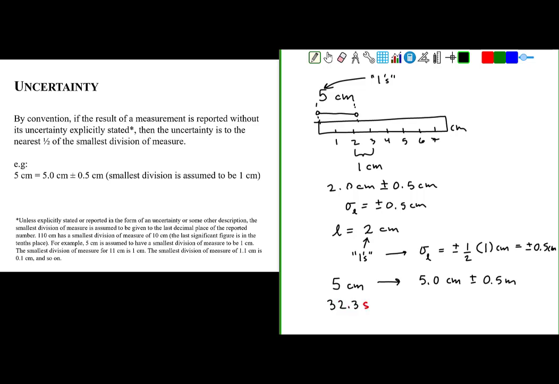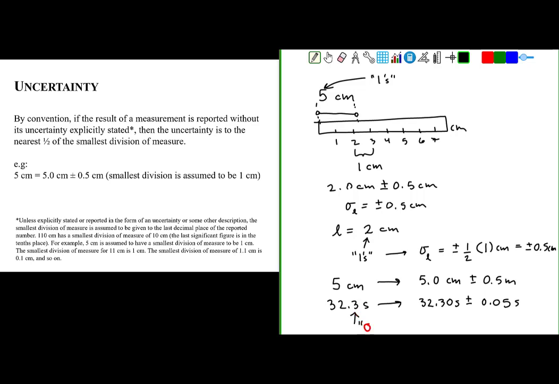If we had a value that was 32.3 seconds, that is equivalent to 32.30 seconds plus or minus 0.05 seconds. Why? Our most precise decimal place there is to the 10th place.